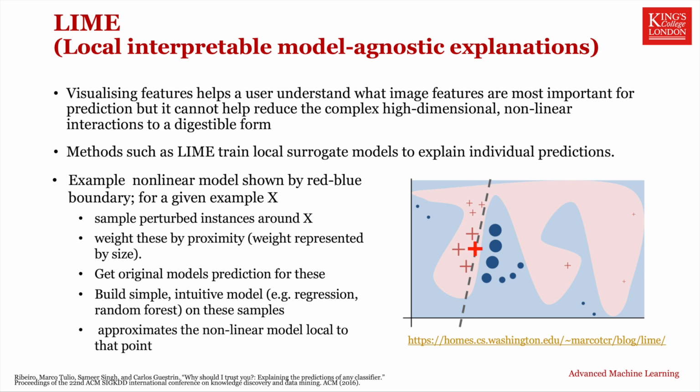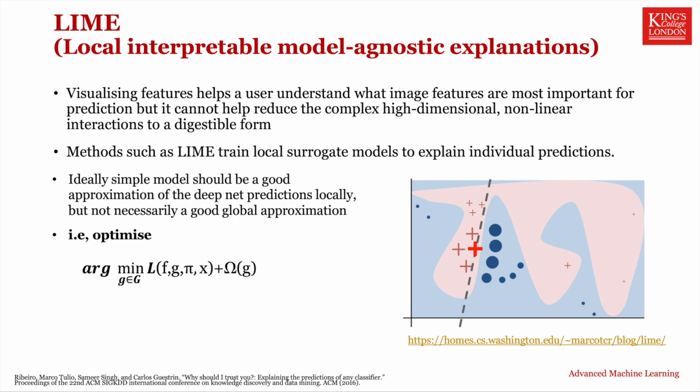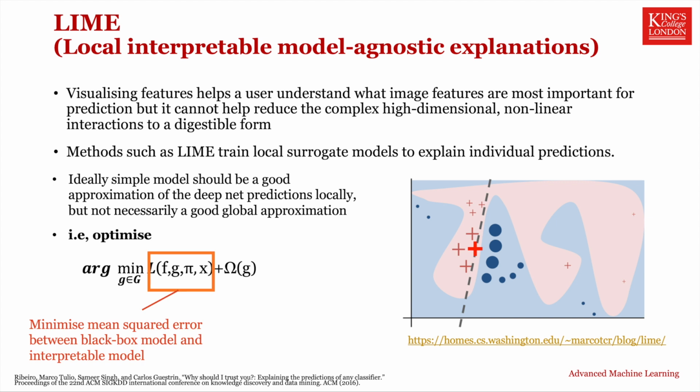For example, just average image intensities within small regions of the image. The objective of this simple classifier is then to minimize the mean square error between the predictions of the black box model and the interpretable one, whilst keeping this complexity as low as possible, so reducing as far as possible the number of features that are required to make the prediction.